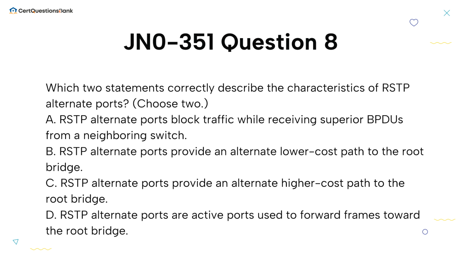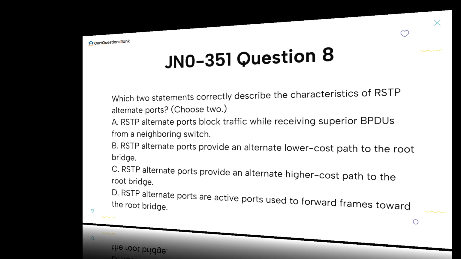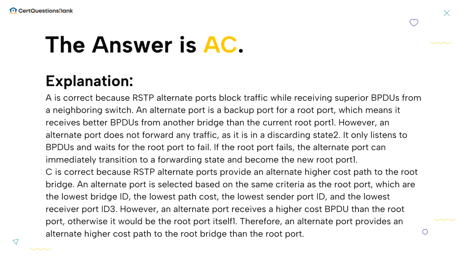C. RSTP alternate ports provide an alternate higher cost path to the root bridge. D. RSTP alternate ports are active ports used to forward frames toward the root bridge. The answer is A and C.